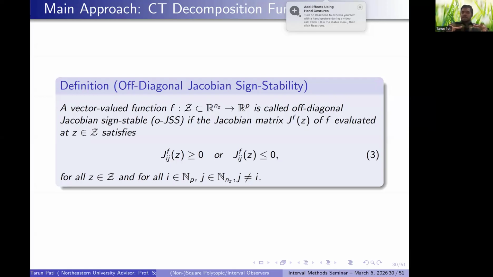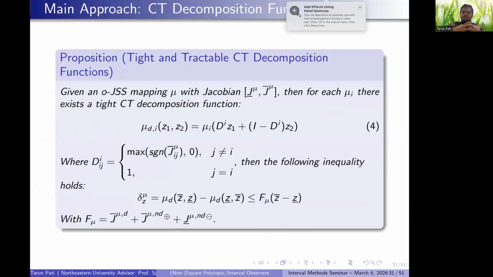By Jacobian sign stable, I mean that within our domain of X, each element of the Jacobians has a stable sign. So using this off diagonal Jacobian sign stable function, we can construct a corresponding decomposition function as given here, with the guarantee that the upper estimate using this decomposition function minus the lower estimate is always bounded by this linear term as given here.